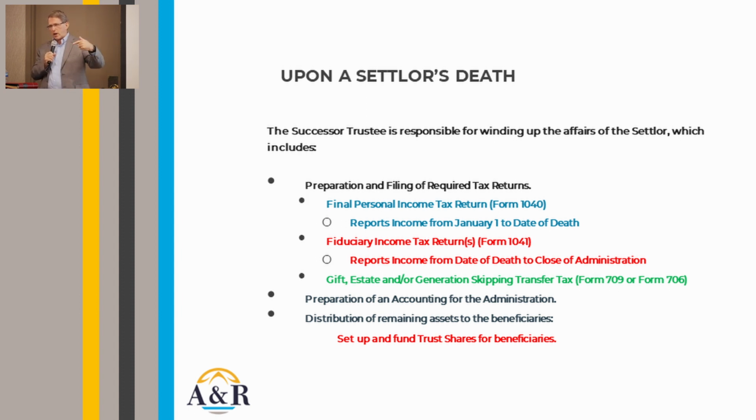The money that came in, the money that went out, and then we show what each beneficiary is to receive. We distribute the assets, and normally we'll get an acknowledgement or receipt back from the beneficiaries showing that they received what they were supposed to get.